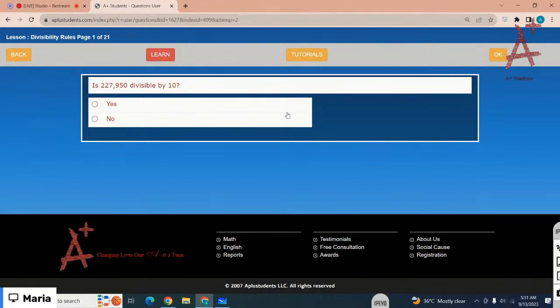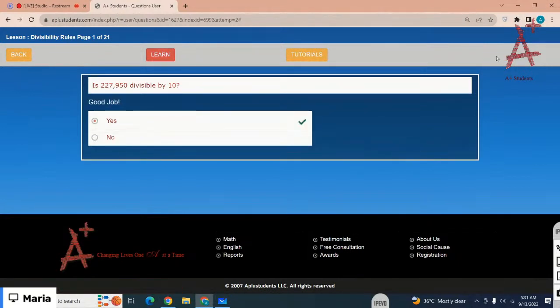Yes, it is. The divisibility rule for 10 is that the last digit must be 0. The digit is already 0, so it is divisible by 10.